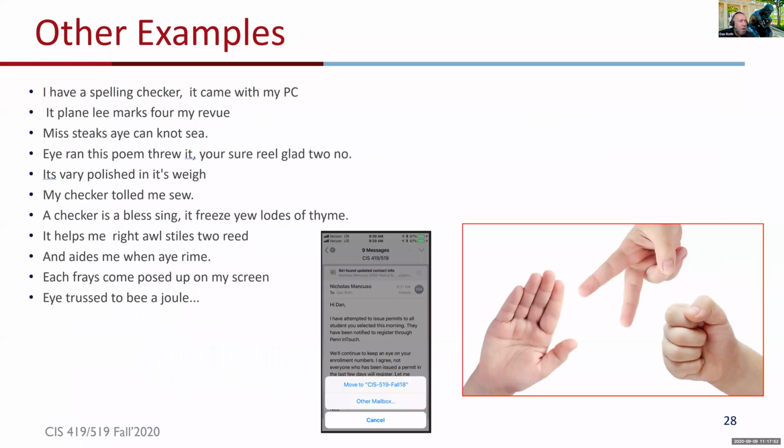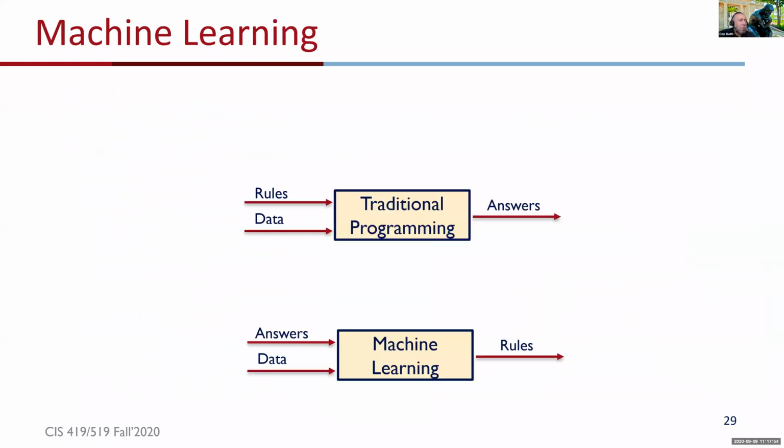Okay, so really, the way I want to think about machine learning as opposed to traditional programming is this. So in traditional programming, you start with some data, you come up with the rules, the program, and as you run it through your program, you come up with some answers. On the other hand, in machine learning, we have the data and the answers, which are the labels.